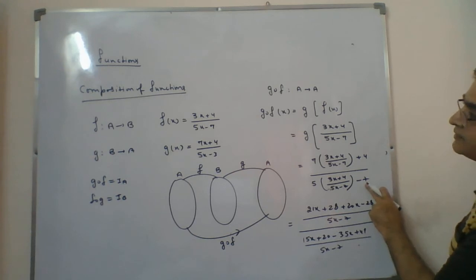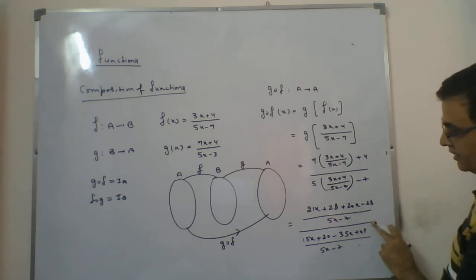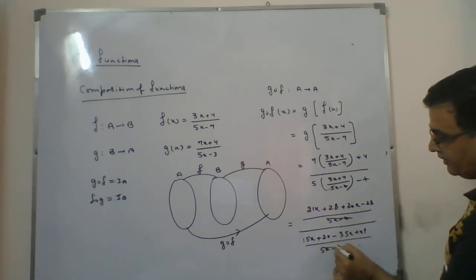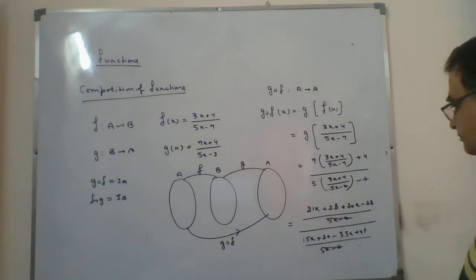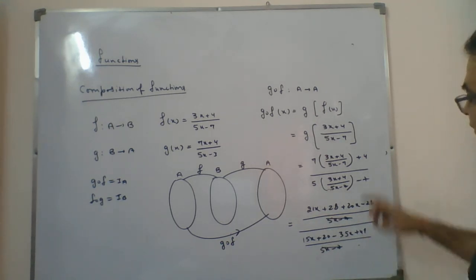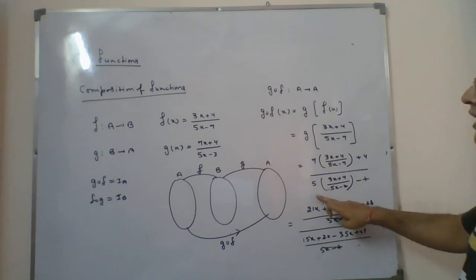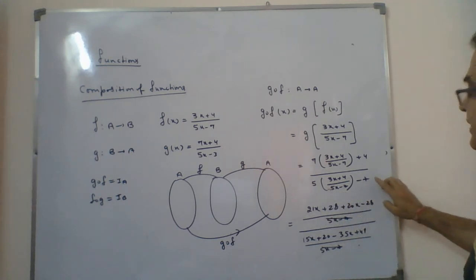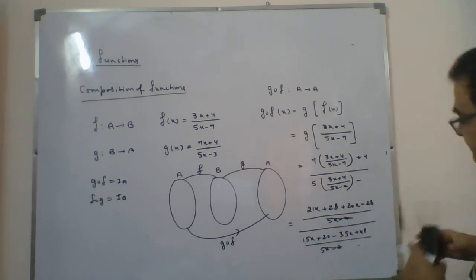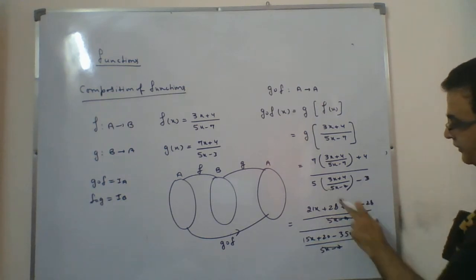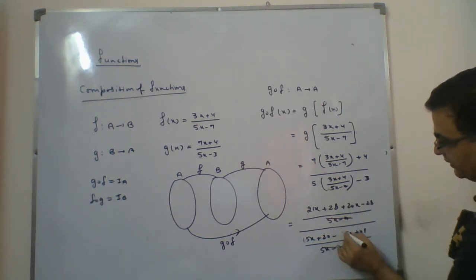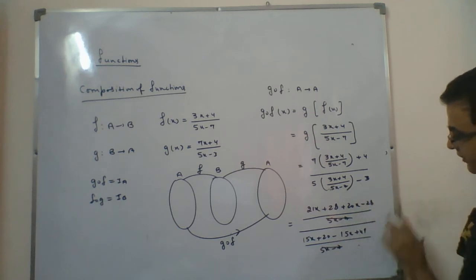This is minus 7. Yes. So 5x minus 7 gets cancelled out. Something wrong we are doing. 3x plus 7, 5x minus, this is 5x minus 3 is here. Sorry, this is 3. So if it is 3, then it comes out to be 15x and 7 3s are 21.